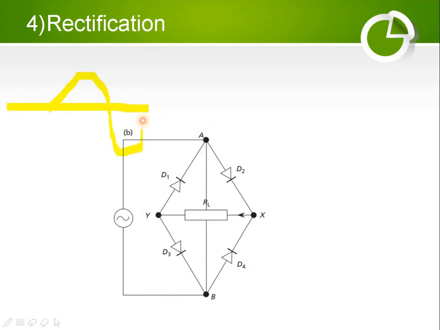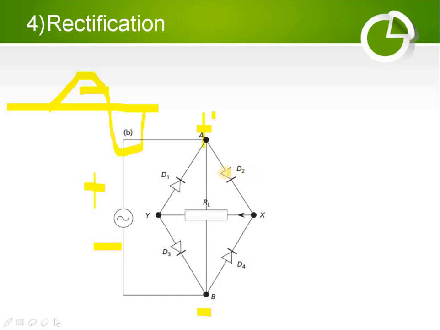For example, this is the case for the positive half cycle. Let's say this is positive, and the positive reaches this side; this is positive and this is negative. When the positive is here, it reaches D2. The anode is connected with the positive here, and the negative reaches this side.